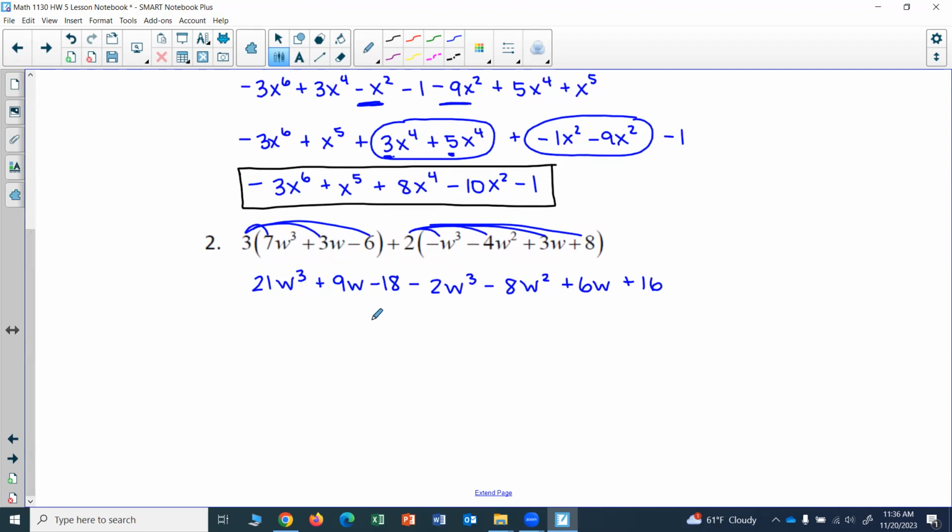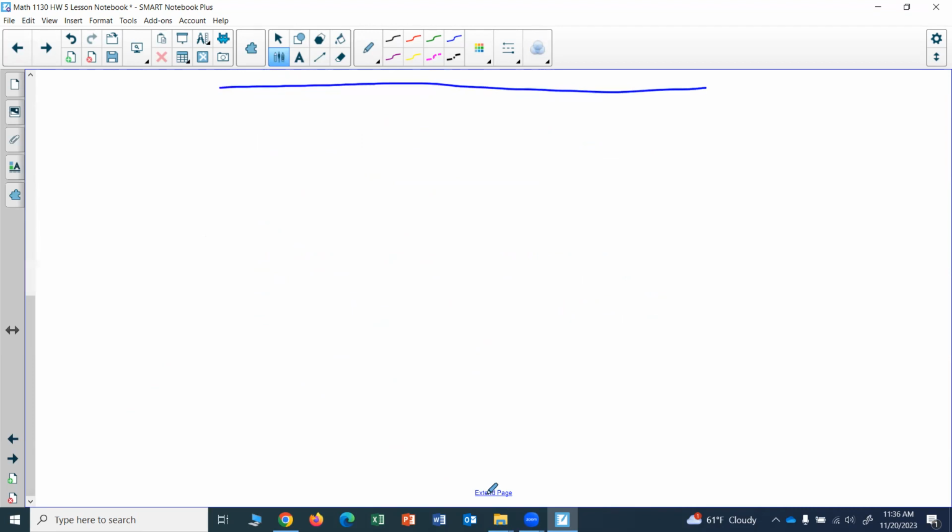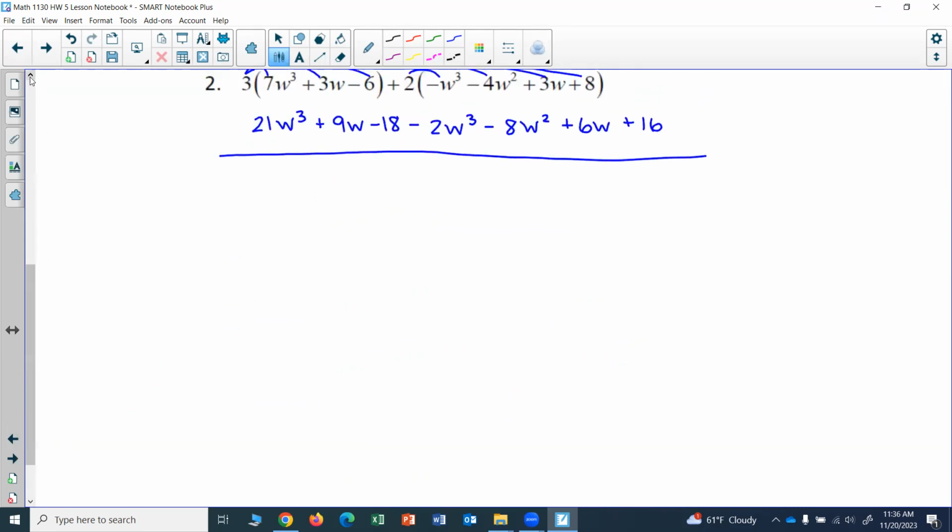All right, so now I want to look for like terms. And one way you can do this, if you didn't like the way that I did that above, another way you can do it is you can actually line up your like terms.